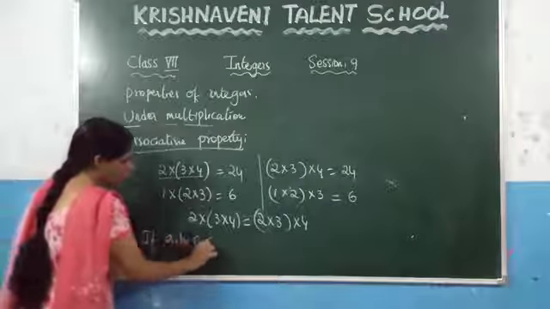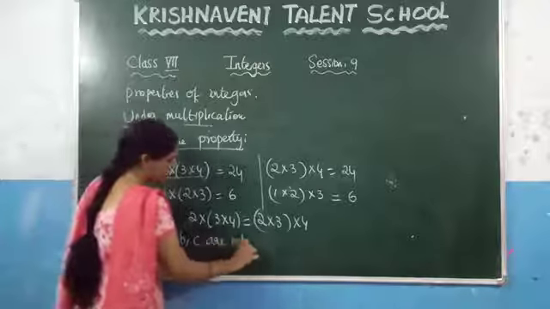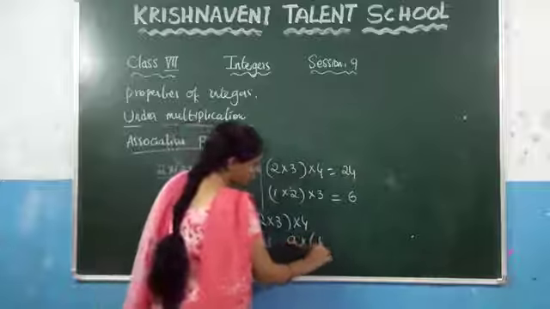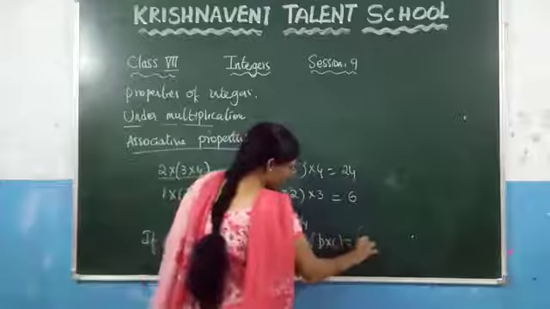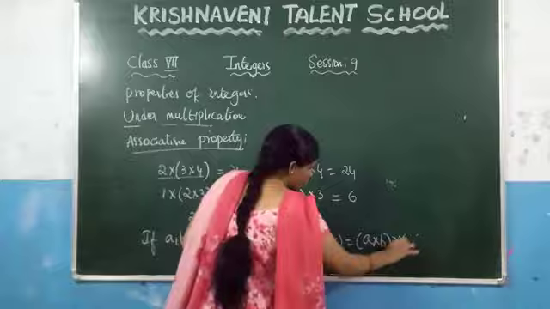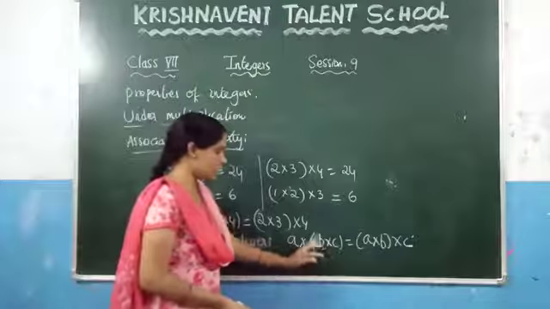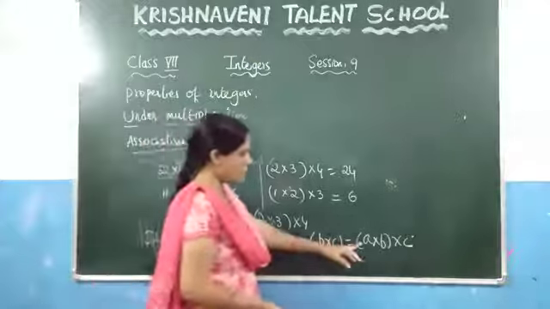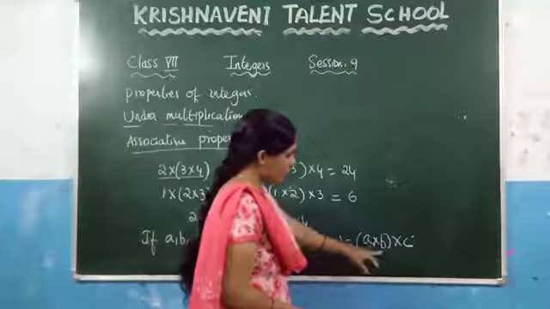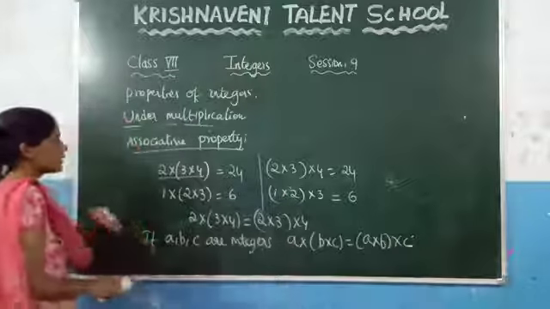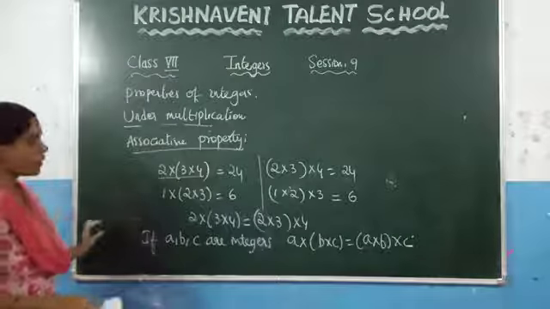If a, b, c are integers, what it states under multiplication is a into (b into c) is equal to (a into b) into c. You multiply the second and third number first and then with the first number, or multiply the first and second number and multiply the result by the third number. This property we call the associative property.